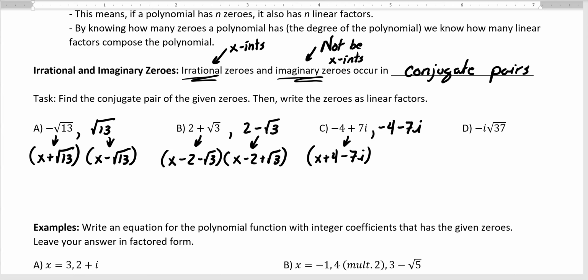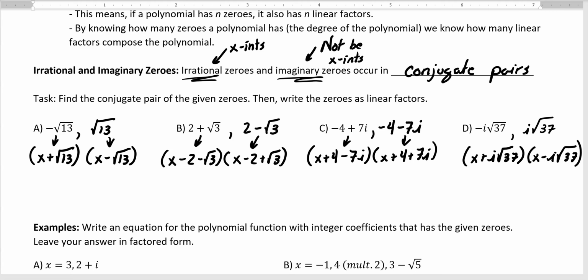That'd be this one. And x plus 4 plus 7i. That'd be this one. So if negative i root 37 is a factor, then positive i root 37 is also a factor. So our factors would be x plus i root 37 and x minus i root 37.